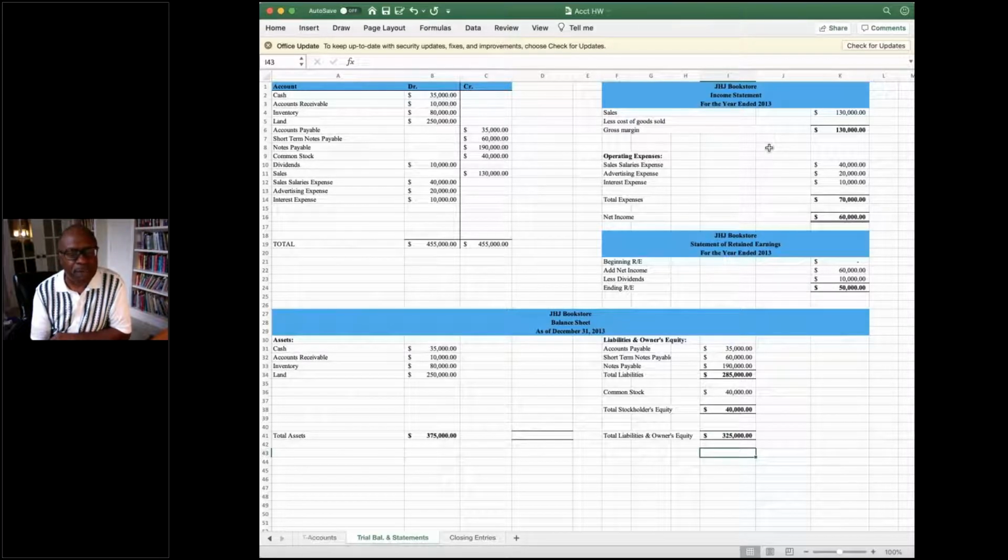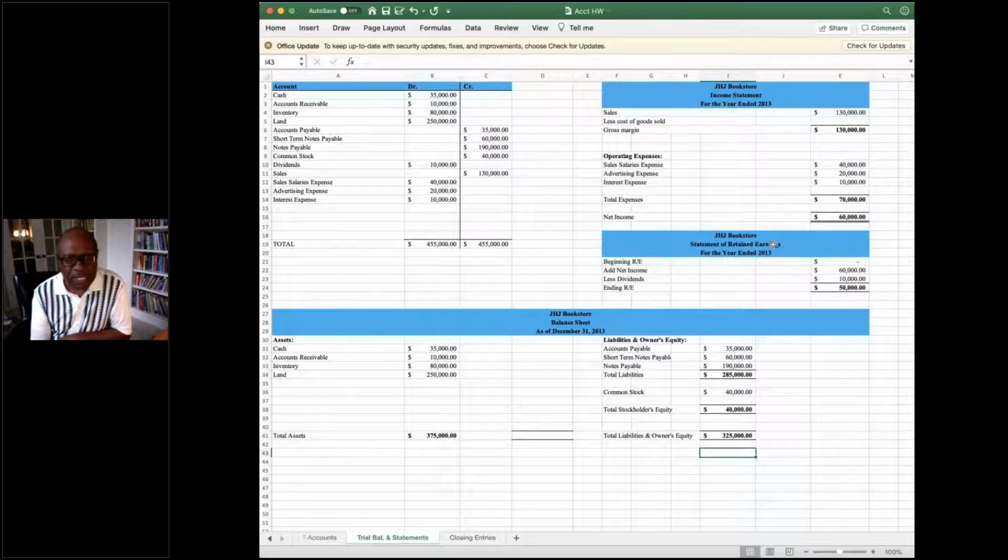So that's my objective. We pulled in the revenue and the expenses, and we got the net income. The revenue, the expenses and the net income are on the income statement, and we have net income of $60,000.